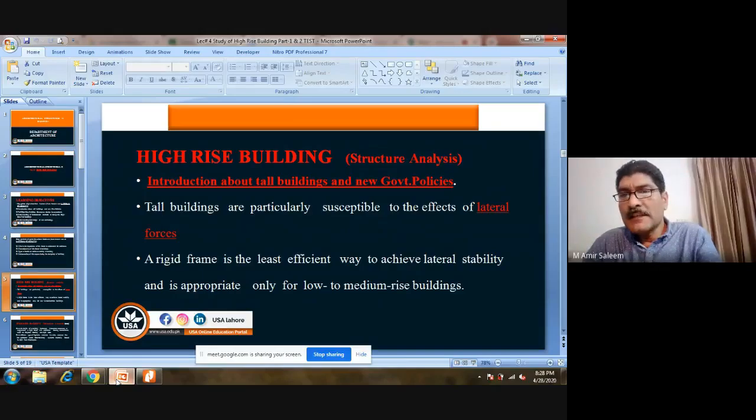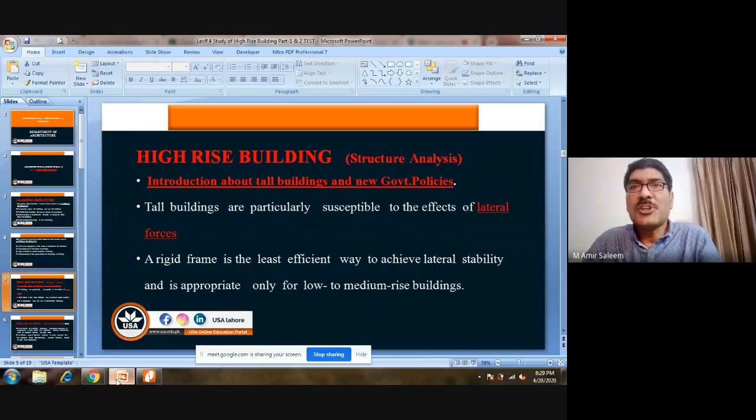The government has decided, in the capital city Lahore, as a new vision of Lahore, that we need high-rise buildings to accommodate our people in residences. In simple architectural language, we are going for vertical housing schemes.